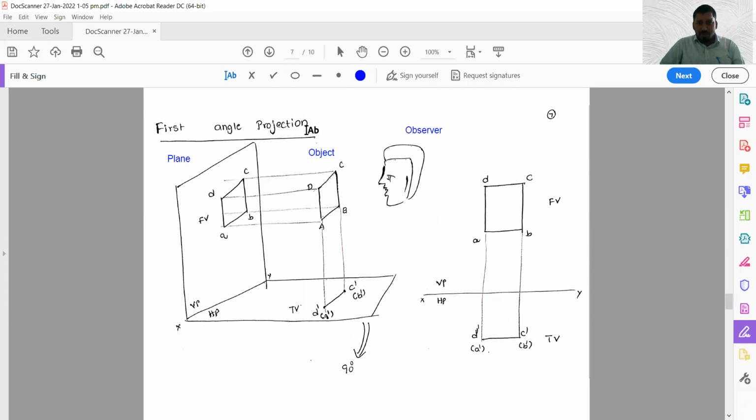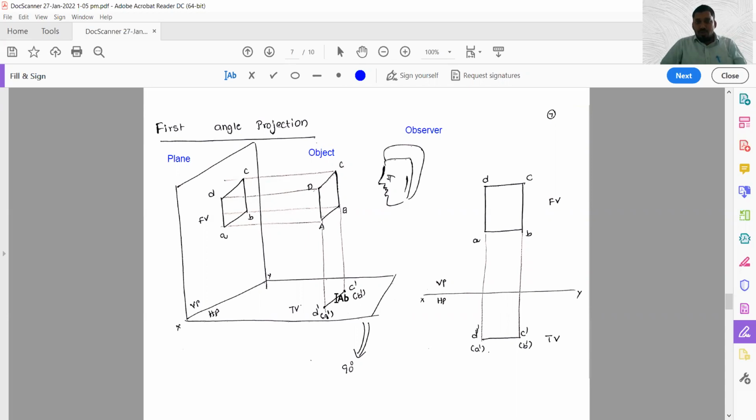When observer sees from top direction, the image of ABCD will be a straight line. It is placed on horizontal plane like here. So on vertical plane, you see a square or rectangle, the shape of ABCD. When observer sees from top direction, he gets only a line, which is shown on the horizontal plane.